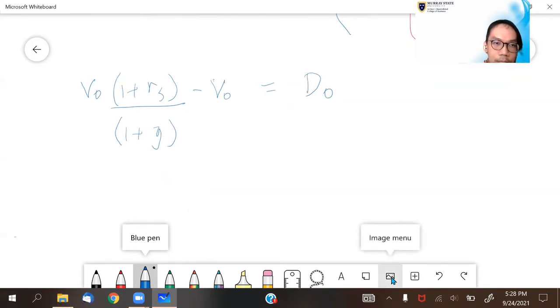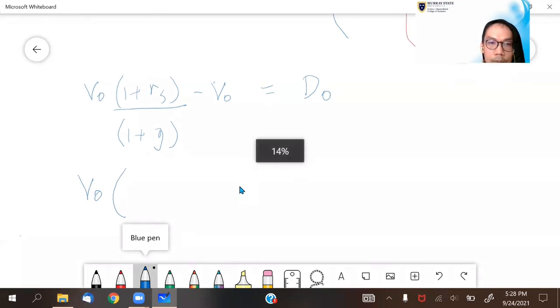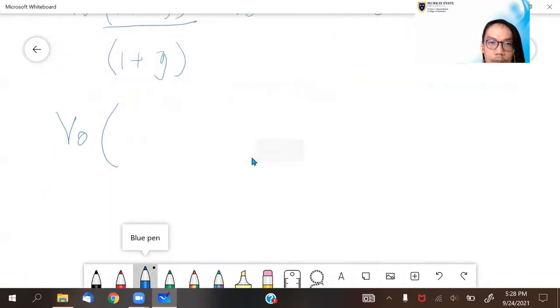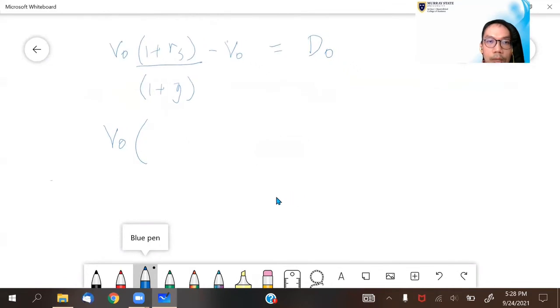So we could write it like here. Okay, so 1 plus RS, 1 plus growth rate, minus 1. Right, it's proper to write it this way.